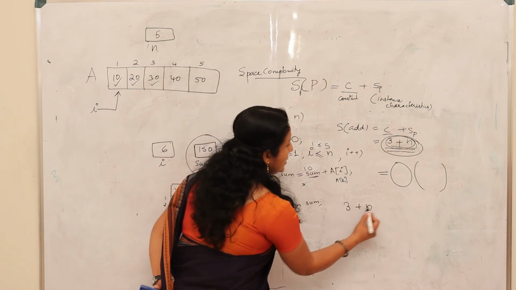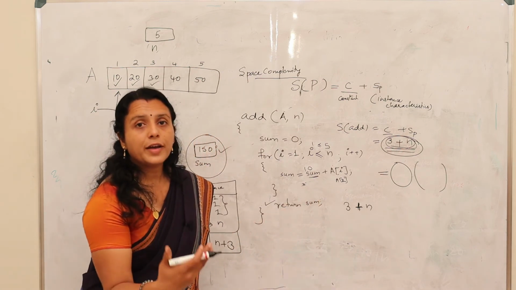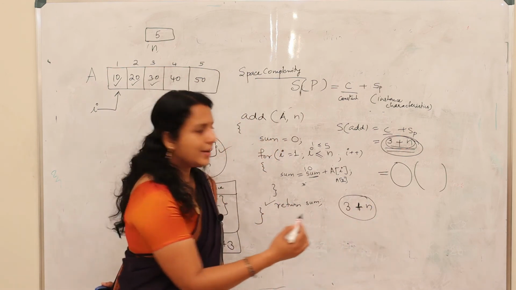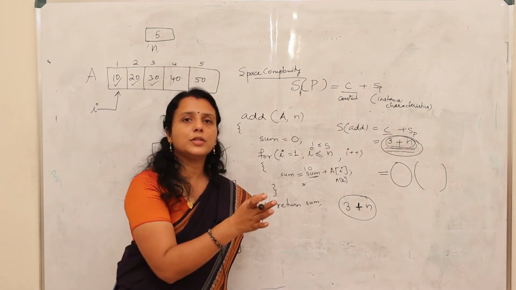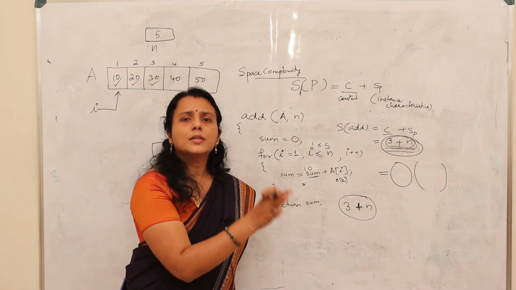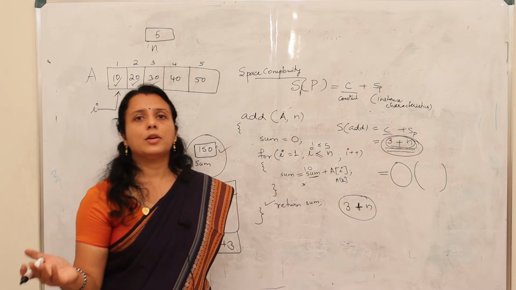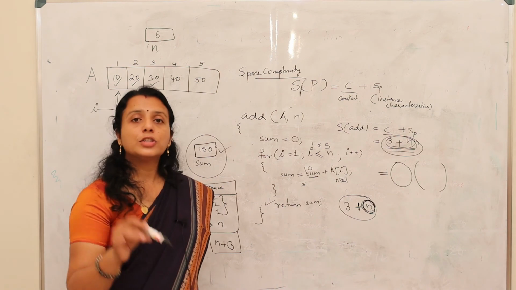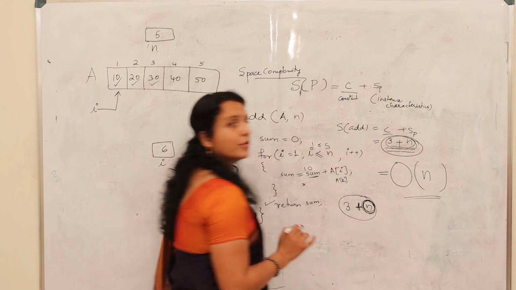The space of this algorithm depends on the n factor only. The 3 is a very small value, and depending upon the value of n your space complexity reduces or increases. The same program may require a small amount of space for one execution and a large amount of space for another. So this n is the value on which your algorithm completely depends. So we write big O of n. This is the space complexity of this program.